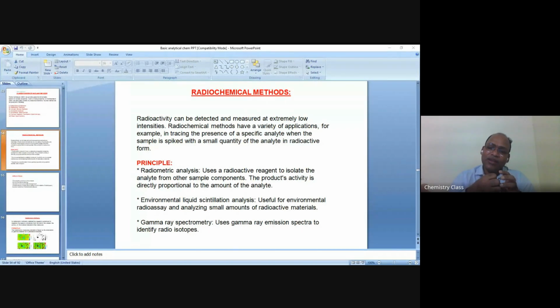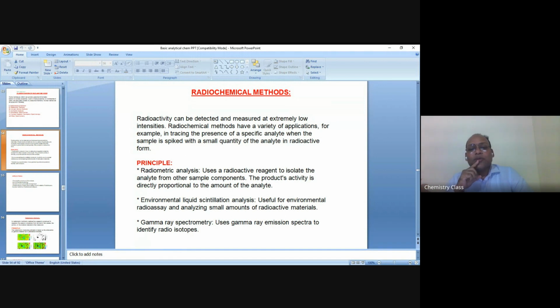That reagent will remove the other particles from the radioactive material and separate it out. So that is the process of radiometric analysis. The product activity is directly proportional to the amount of analyte.